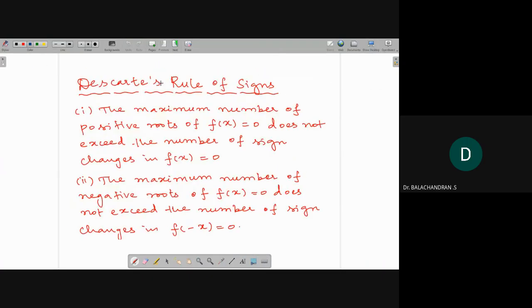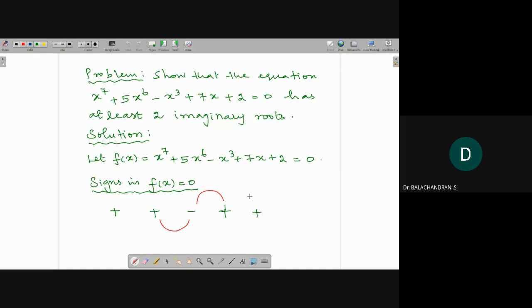So Descartes' rule of signs. Here, using Descartes' rule of signs, we will find the number of imaginary roots.